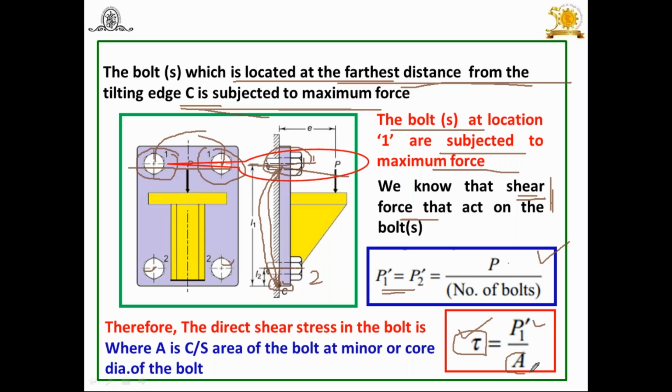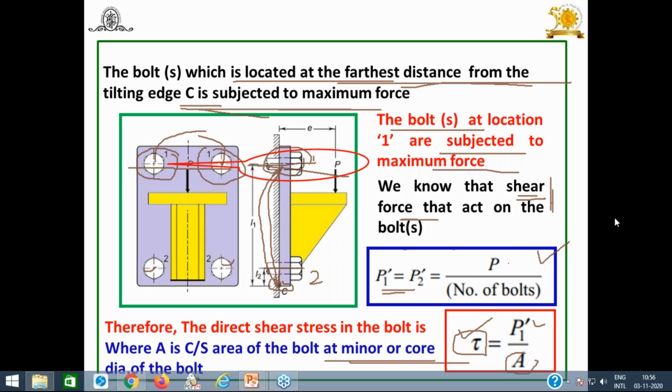And A is the cross-sectional area of the bolt at minor or core diameter. Try to understand, minor or core diameter. And another diameter is the outer diameter or the maximum diameter. So why I am telling here P1 dash is used, because it is farthest from the tilting edge, subjected to maximum. That's why take only P1 dash to find out the shear stress induced in the bolt because of the load P.